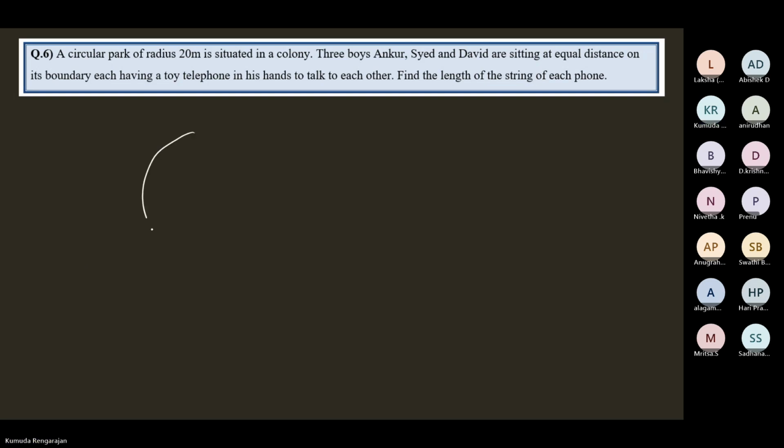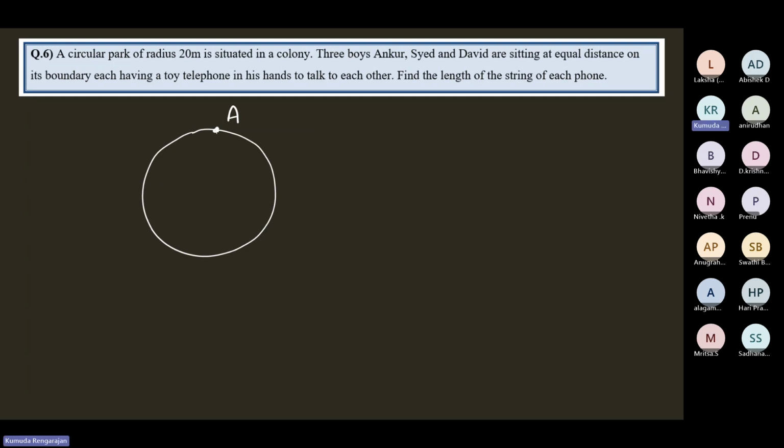Circular park. 3 boys, Ankur, Syed and David, A, S and D, are sitting at equal distance on the boundary. Equal distances.